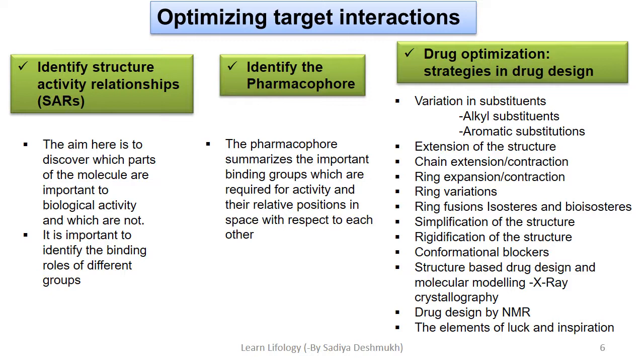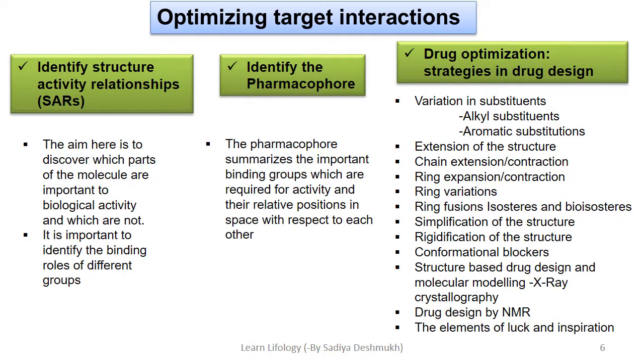Here the different strategies which can be used are variation in the substituents, that is, we can change the substituents. Alkyl substitutions can be done, aromatic substitutions can be done according to our need. Whatever substitutions are needed, we can carry out here in the designing. Then extension of structures can be done in the optimization. Then chain extensions, contractions, these are done according to the requirement.